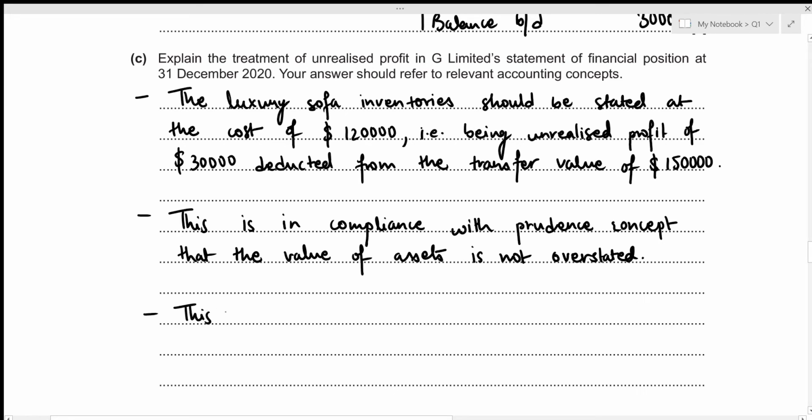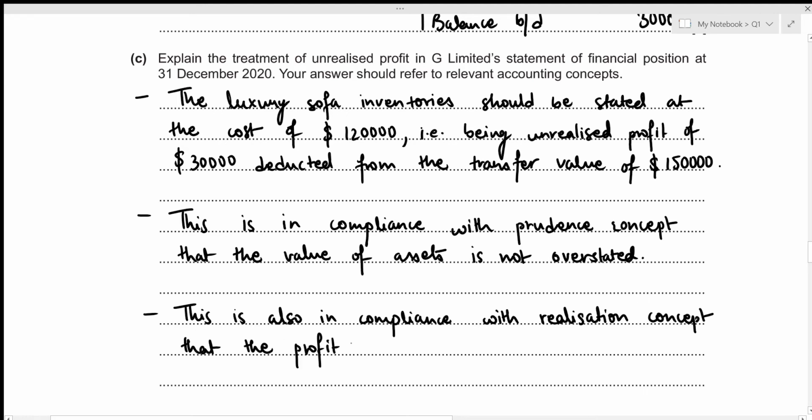This is also in compliance with realization concept that the profit is only realized when the goods are sold. Alright, this concludes the third part of this question. Now we can move to the fourth one.